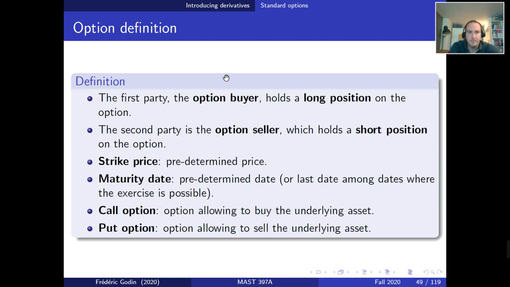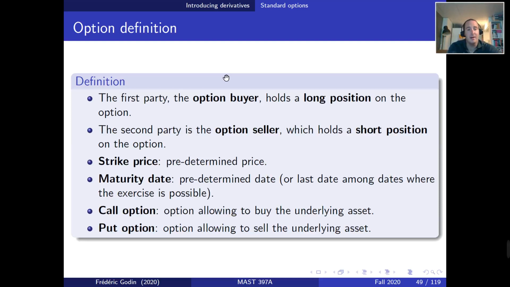Okay, so in that previous case, the first party, which can decide whether the trade will occur or not at maturity, is called the option buyer, and we say he holds a long position on the option.